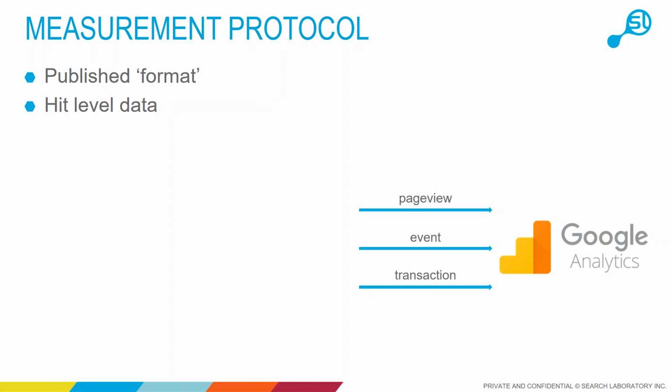And they've been kind enough to publish what that format is, so we now as developers and businesses can implement that to push data in from other sources, not just your website.